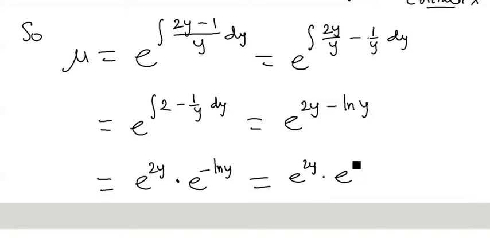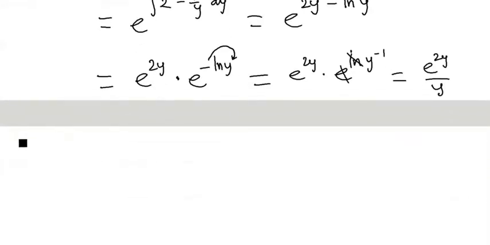We have e to the log of y to the minus 1. So minus 1, we bring into the exponent. And now we can simplify by canceling the e and the log. So we have e to the 2y times y to the negative 1, which is y in the denominator. That's the integrating factor.